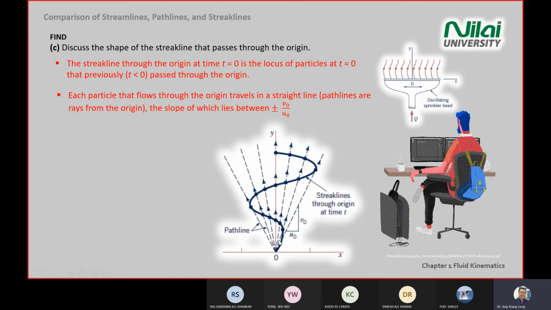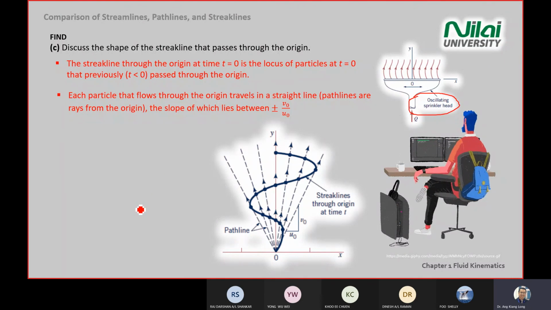Now, why is the path line a fan shape? I need to recall that just now, you know that your head is oscillating, like you are spraying water and shaking the hose head from left to right. So your path line will be in a fan shape, like what you see on the screen here. You are moving your head to the left and to the right in the sinusoidal equation just now.